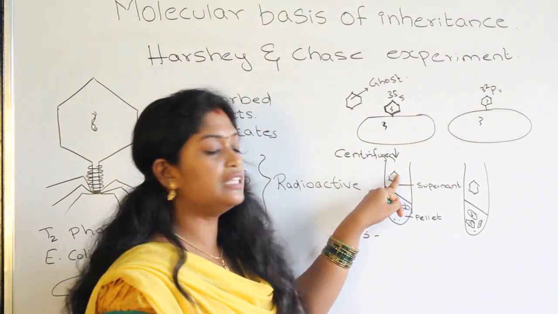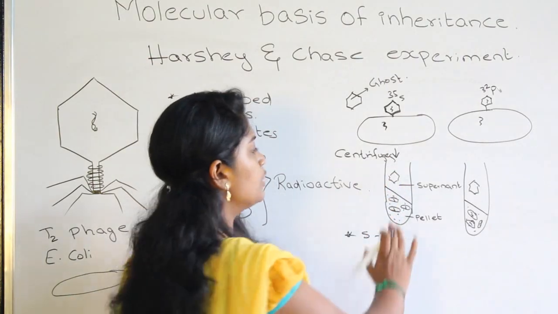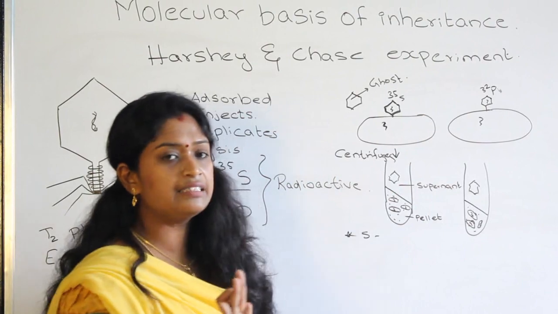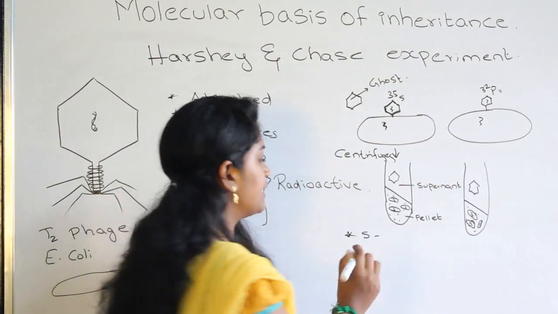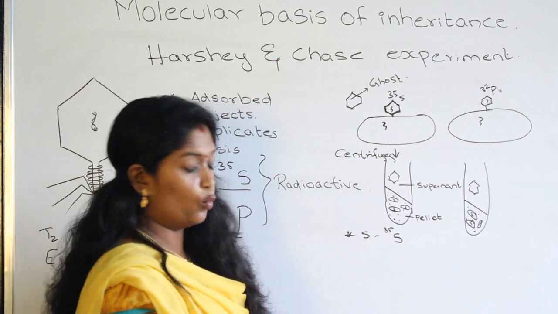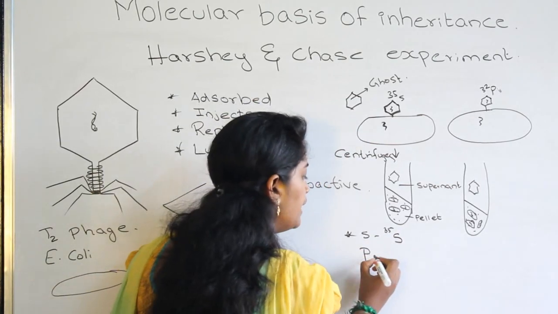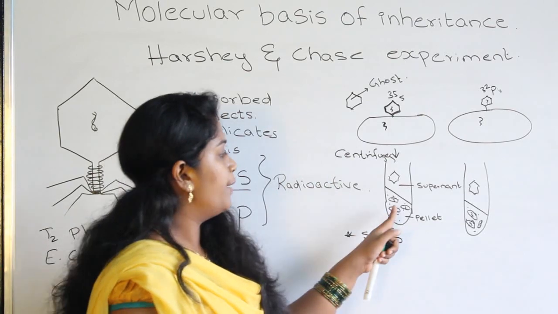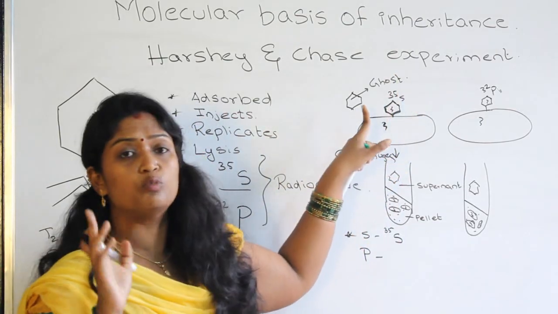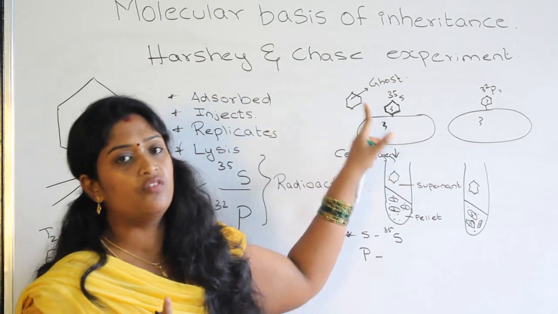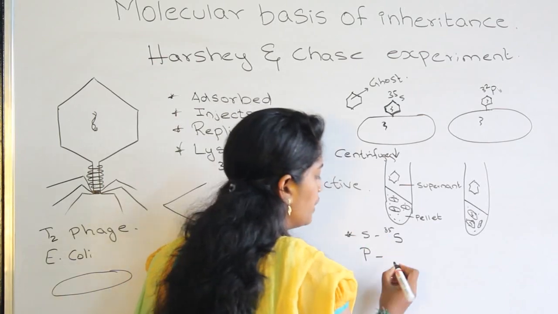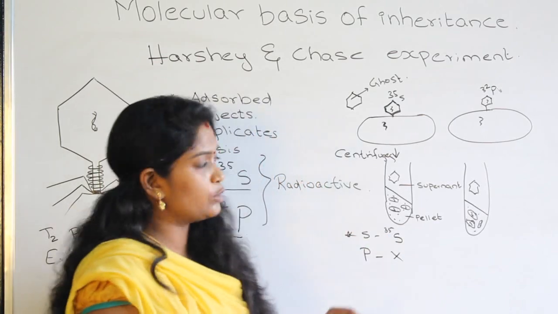So when the supernatant is analyzed, the capsid is present and it contains the radioactive sulfur 35. Whereas when the pellet is observed, the DNA does not contain sulfur 35, because this bacterium was infected only with sulfur 35. So here there was no radioactivity.